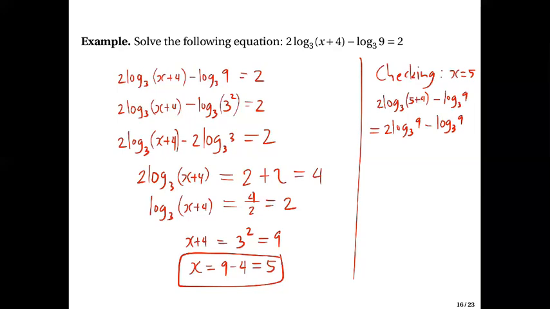But you have 2 log 9 minus log 9. It's just 1 log 9, or logarithm of 9 base 3. And again, your 9, it's 3 squared. Okay? So log base 3 of 3 squared. And again, this is just 2 log 3 base 3. And this is just 2. And that's your right-hand side in here. Okay? Question?